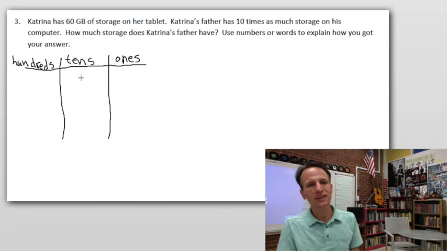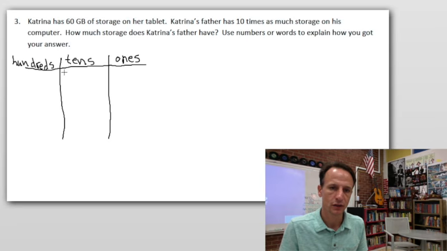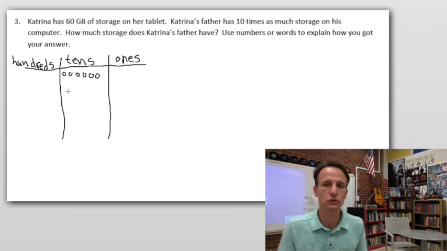Okay, so we're starting with 60 gigabytes. So if I draw 6 tens, 1, 2, 3, 4, 5, 6 tens, is that 60? It is indeed. Now to do 10 times as much, I just multiply each of these by 10.